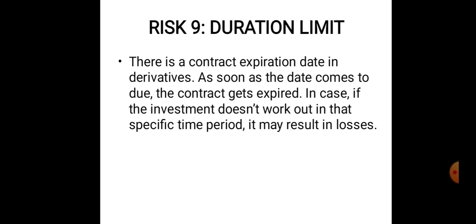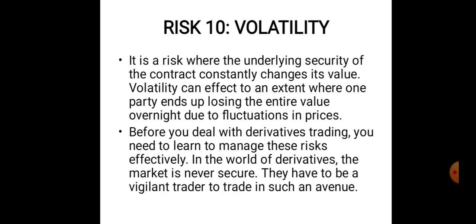The next type of risk is volatility. It is a risk where the underlying security of the contract constantly changes its value. That is, if the underlying security's value constantly changes, then it is one type of volatility risk. In the assignment you have written, in that column you have the underlying security value, right?